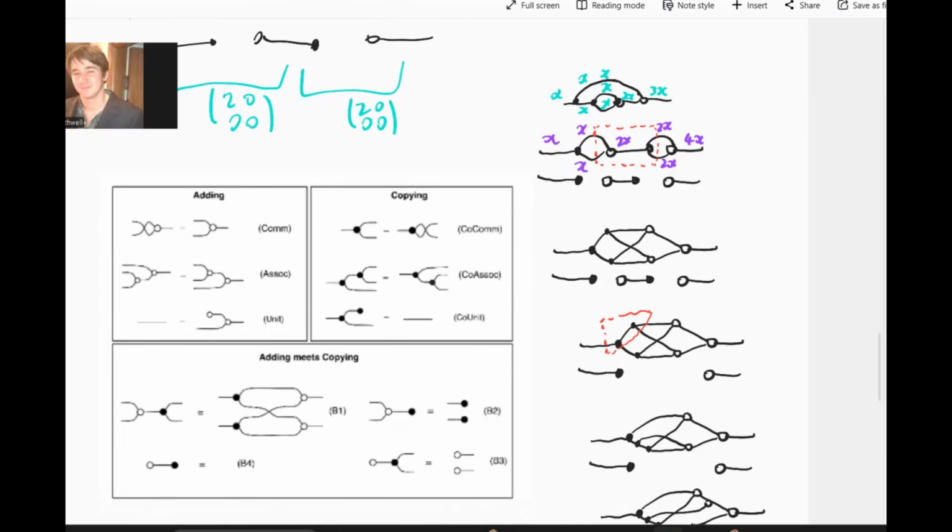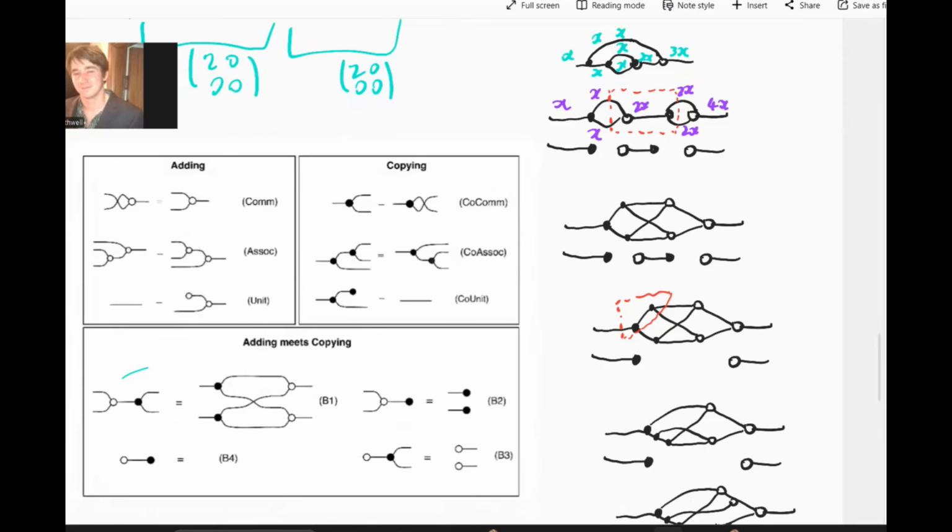So when we multiply them, we are using this equation here. And so we have this. And then we can begin to apply our associativity or this equation here. I mean, I'll just call them both associativity.